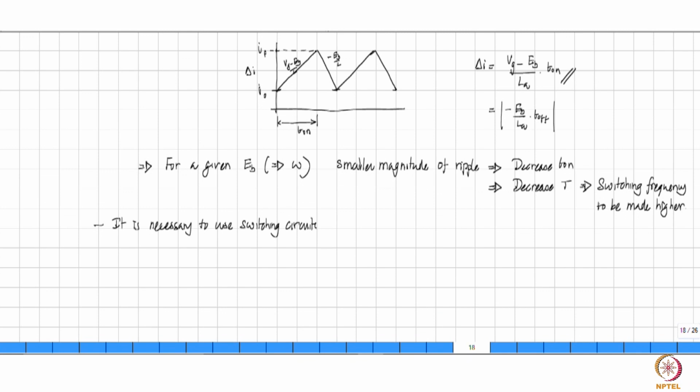Why is it necessary to use these kinds of circuits with switching? Yes, you want to maintain average voltage, but you could have got an average voltage by putting a series resistor as well. To keep the efficiency high, to keep the losses low. So it is necessary to use these kinds of switching circuits.